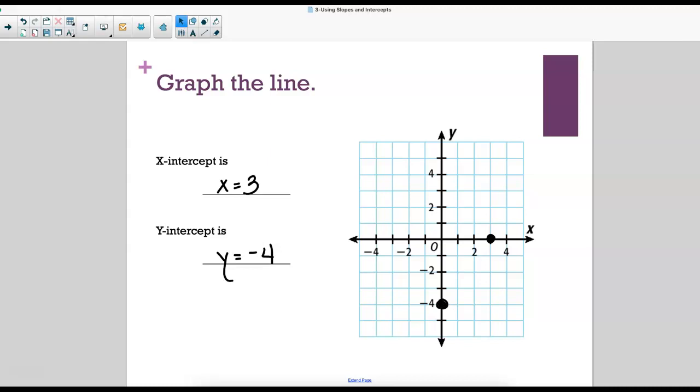All I need is 2 dots to make a line. I can connect the dots. There's my graph of the equation 4x minus 3y equals 12. So any point on that line would be a solution to the equation.